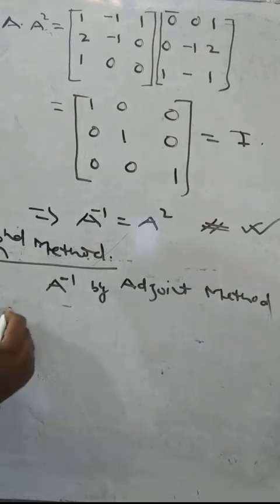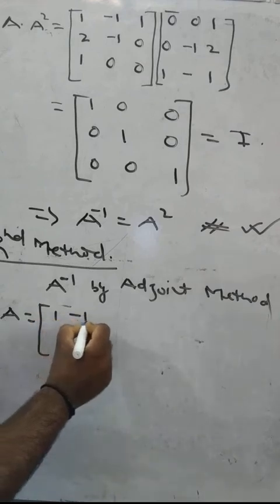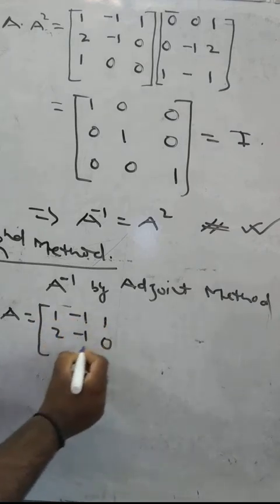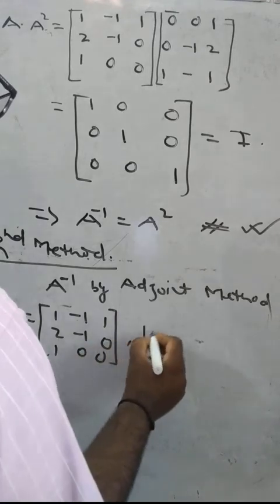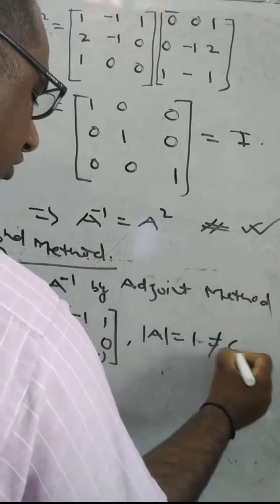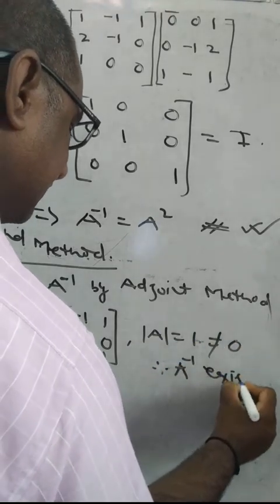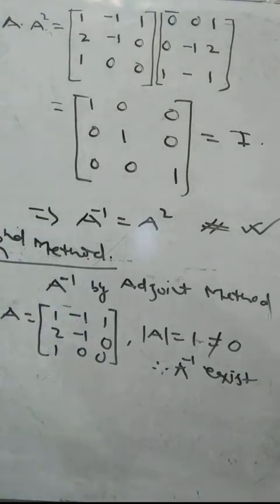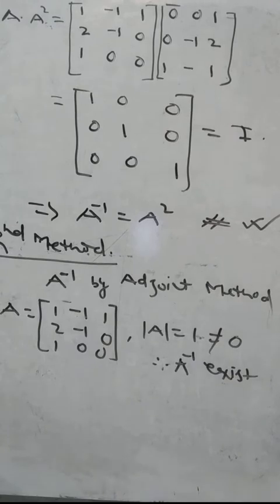So what is the value of A? A is 1, minus 1, 1, 2, minus 1, 0, 1, 0, 0. So first of all, we have to find the value of the determinant, which is obtained as 1, not equal to 0. Therefore, A inverse exists. If A inverse exists, then we can find the value of the cofactors.